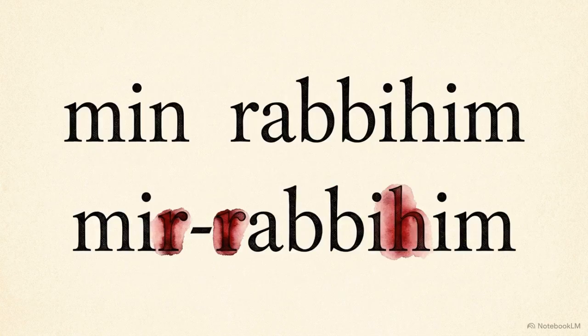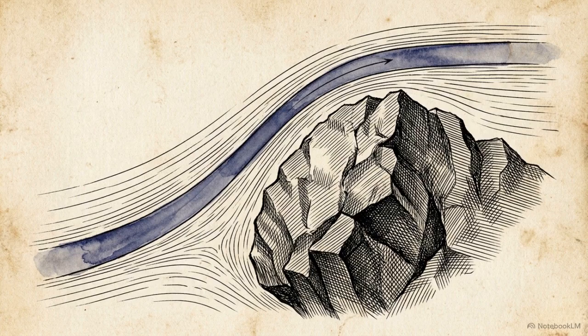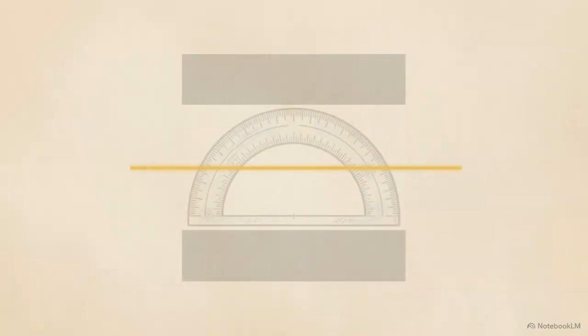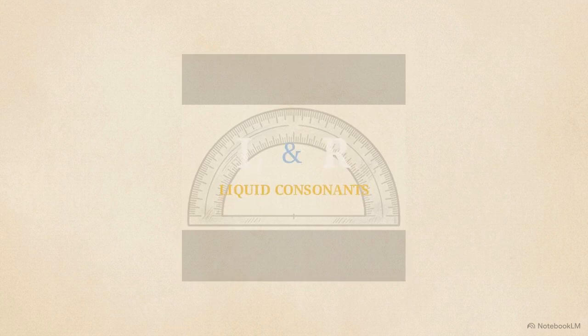Phonetically, this transforms a phrase like min rabbihim into mir rabbihim. This specific shortcut eliminates friction, allowing the speaker to transition between sounds with raw speed and efficiency. Complete assimilation proves the script prioritizes raw acoustic velocity when transitioning into liquid consonants.